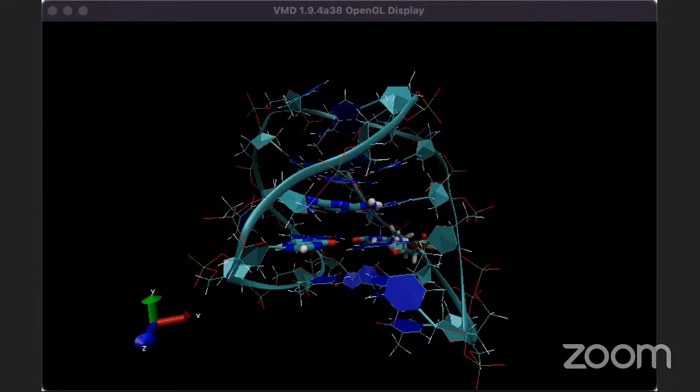So before you launch, you look at the structure, and from the structure, it's done here for you, you are able to give this number here to provide the QMMM calculation, okay?